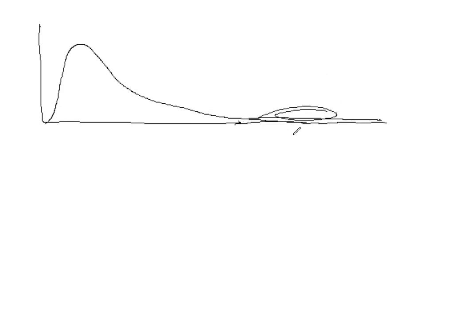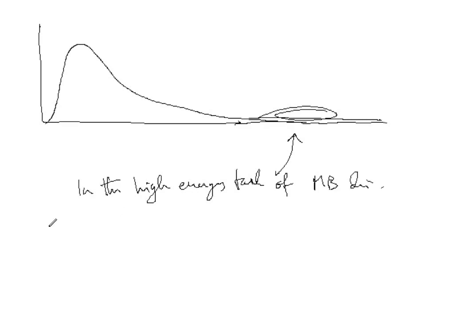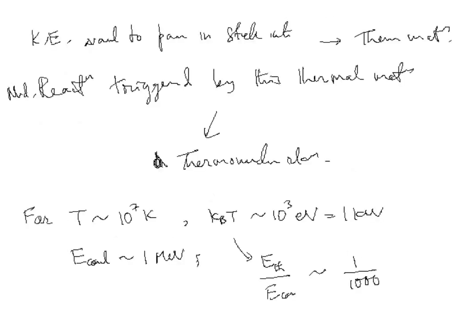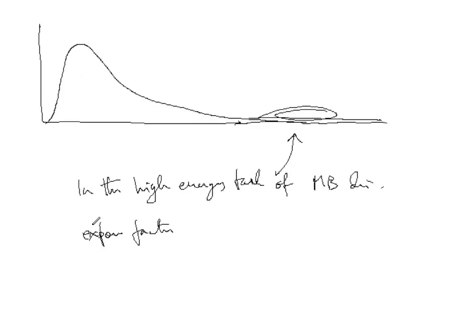So in the high energy tail of the Maxwell-Boltzmann distribution, because of this 1 by 1000, this exponential factor drops.